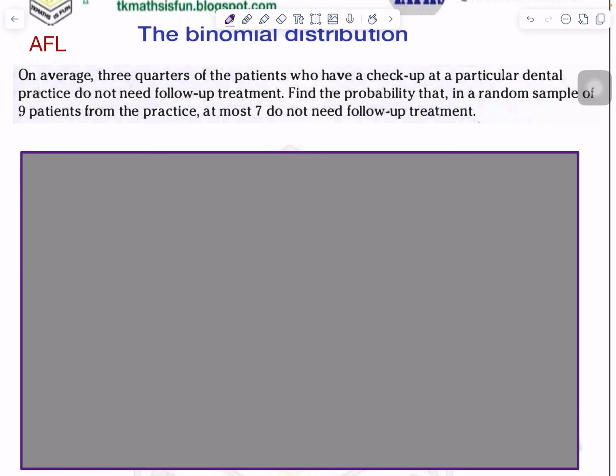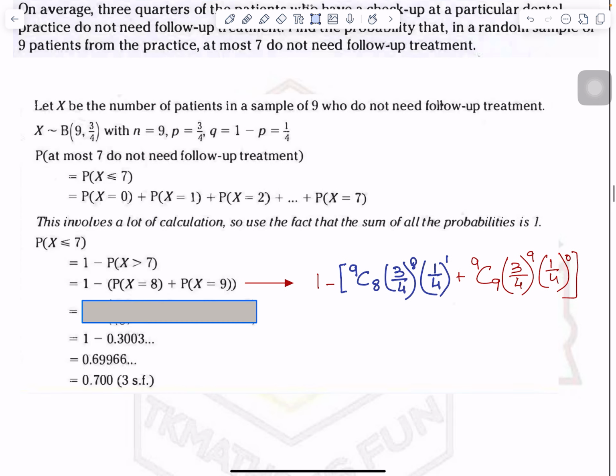After that, I will solve one very important question where students usually make mistakes, which is about the at least case, right? So I'm showing you the answer. You can put the video on pause and solve it. So you can check your solution, and I hope things are all clear.